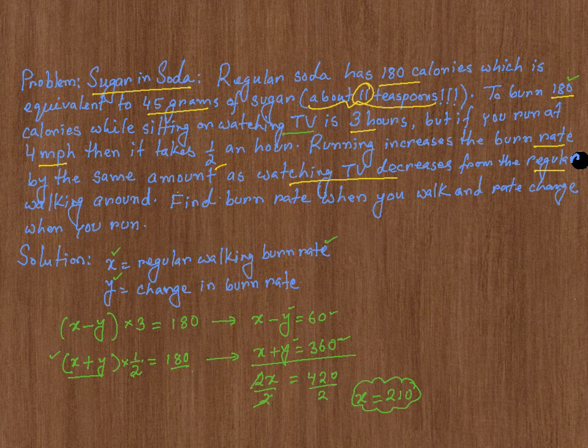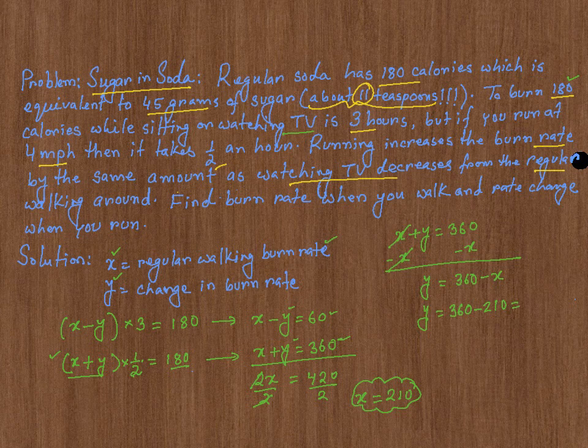Now let's go ahead and find the Y value, which is very easy to find. We know X plus Y is 360. If I subtract X from both sides, I get Y is equal to 360 minus X. On the left hand side, negative X and positive X cancel out, so Y is equal to 360 minus 210.